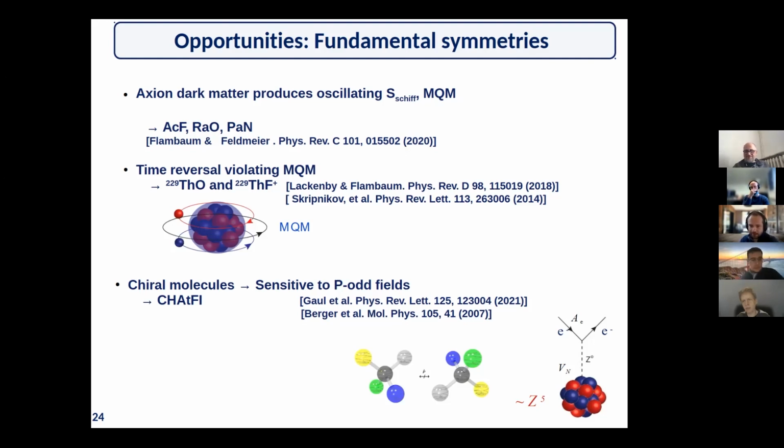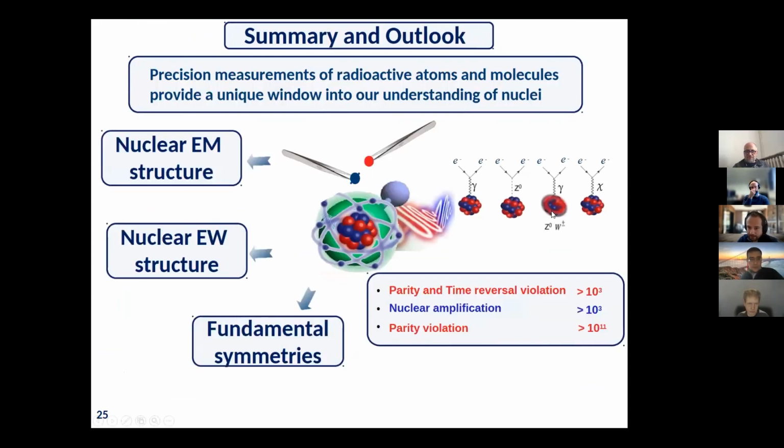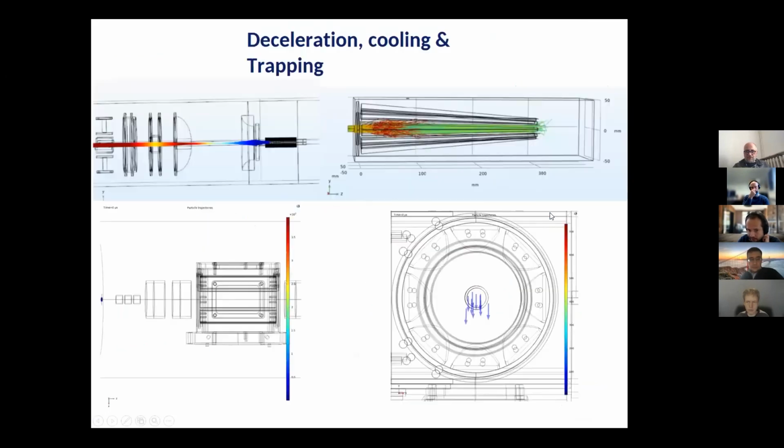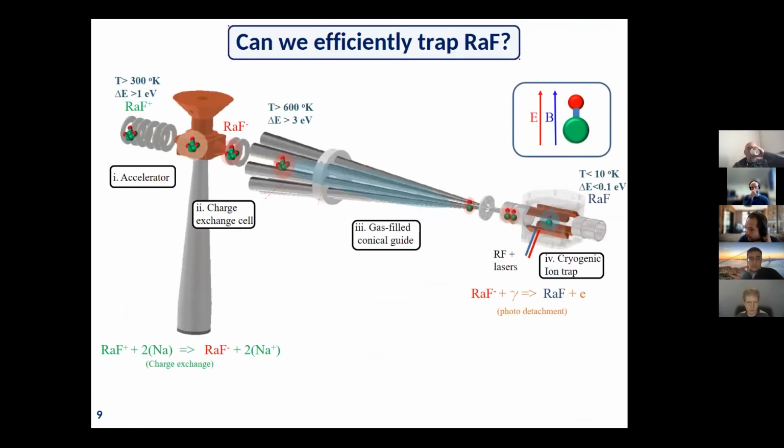Thanks, Ronald. And that's the main thing, because we need to, let me show you here, we need to slow down the molecule. That's not that easy to do efficiently, and to trap and make it cold. In ions, we have an idea of how to do that, right? We can apply radio frequency fields and trap, but the neutral molecule is hard. The techniques that have been developed are buffer gas, right? We cannot use that effectively for radioactive molecules, because you're throwing away, you're kind of collimating the beam.